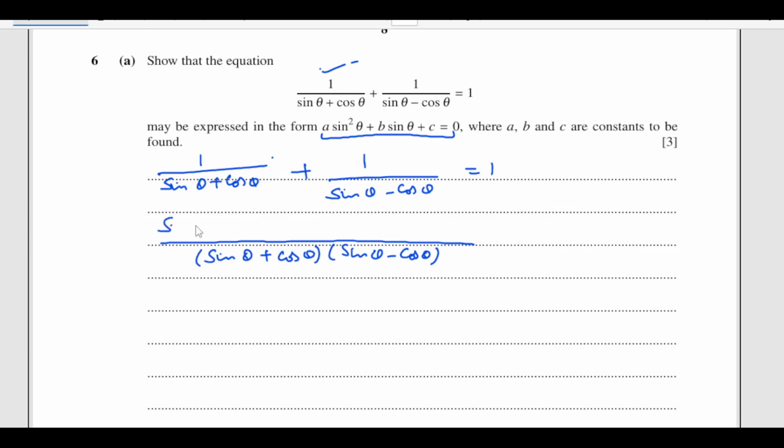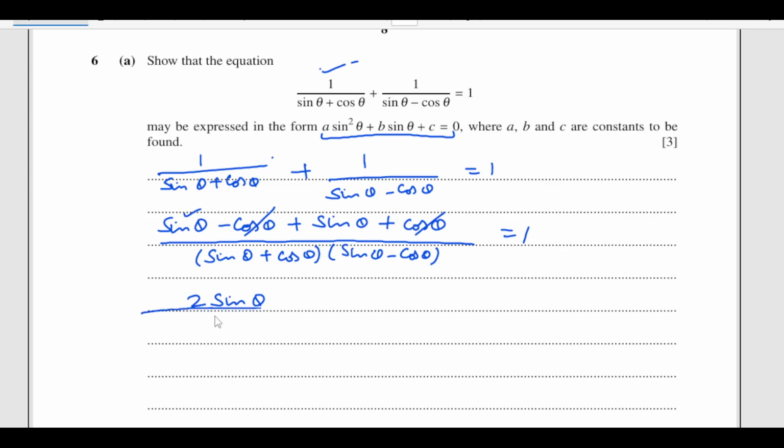So this is going to be sine theta minus cos theta plus sine theta plus cos theta equals 1, right? Now see, on the numerator we have sine theta plus sine theta, which is 2 sine theta, and the cos theta terms are negative and positive, so they get cancelled.